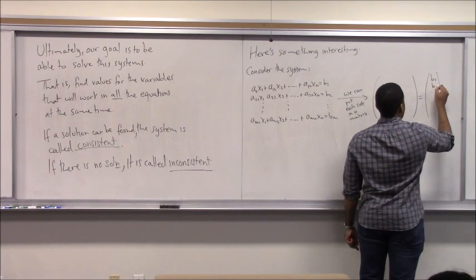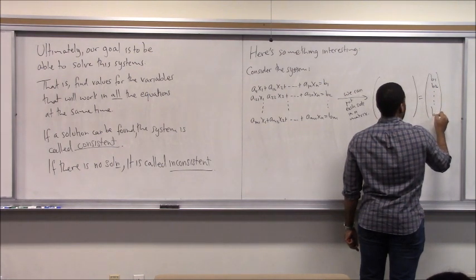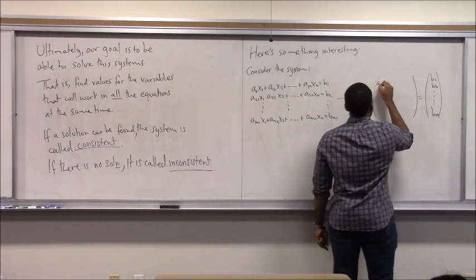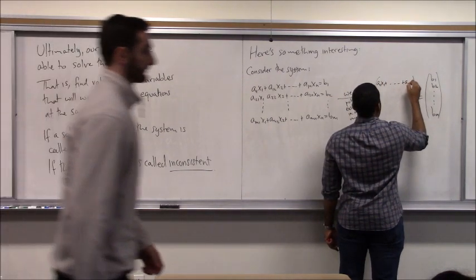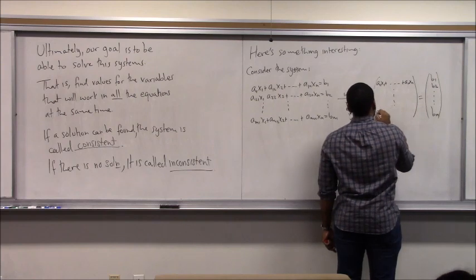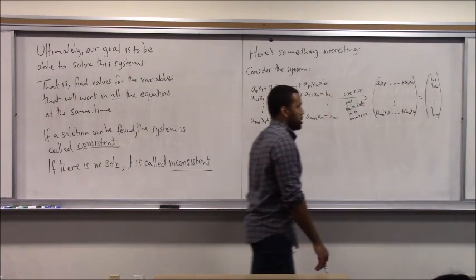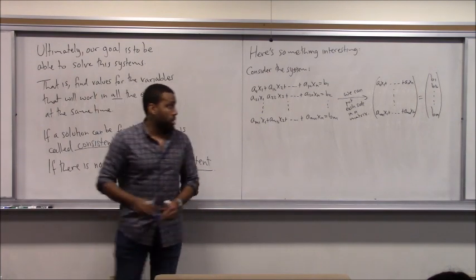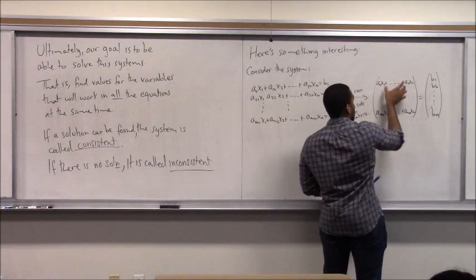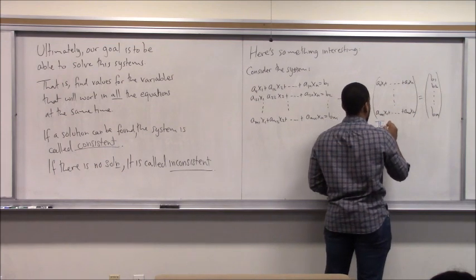B1, B2, up to Bm, and I've got A11 x1 plus and so on, the A1n xn, down to Am1 x1 and so on, the Amn xn. I can just throw both sides in a matrix. This works by matrix equality, right? One side will be equal to the other side. Corresponding components will be equal.